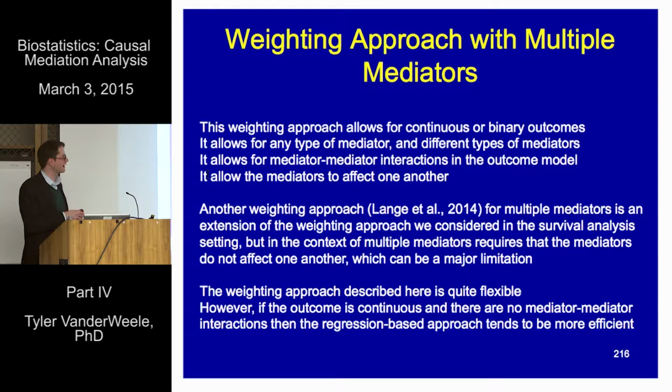So whereas I would recommend that weighting approach of Lange in the case of the proportional hazards model with a single mediator, in the context of multiple mediators, it's making the assumption that the mediators don't affect one another, and we don't need to make that assumption. With the method we just described, the mediators are allowed to affect one another. So I wouldn't recommend the weighting approach here for multiple mediators, but I would in the context of time to event data with a single mediator.